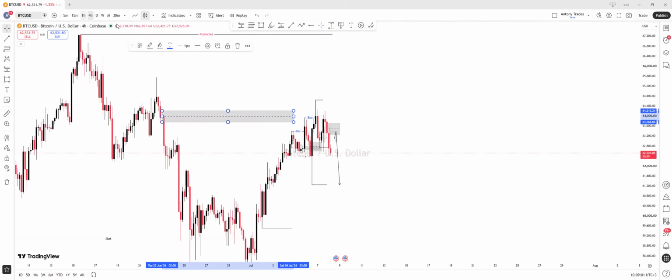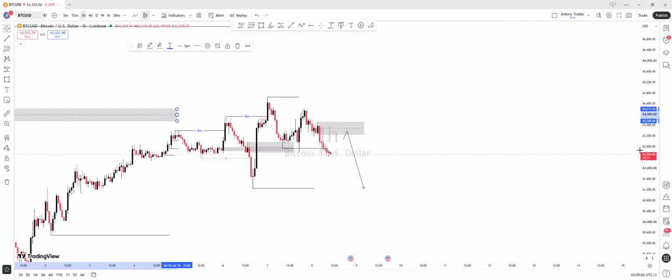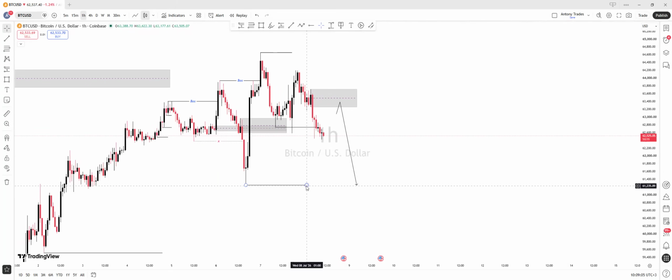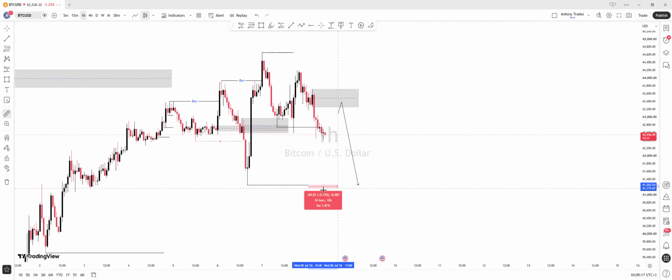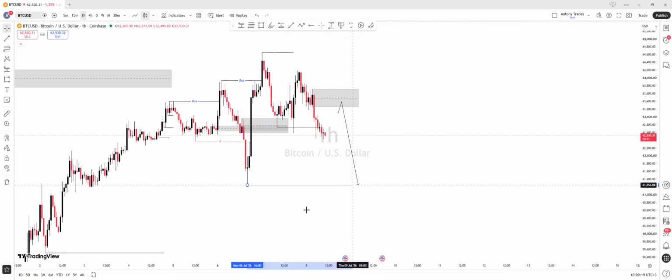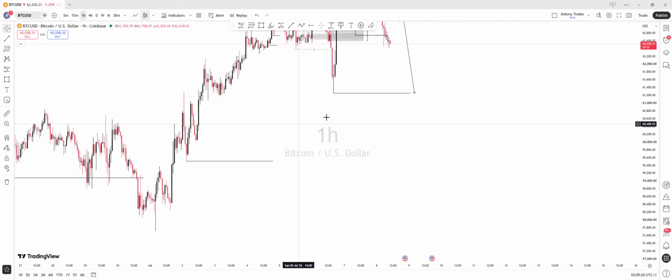So if I have to look for an entry confirmation now, I have to pay attention to this low. If the market breaks this low, because this is my strong low, since it swept all this internal liquidity, all these structures were swept by this low before breaking this high. If this market takes out this low, then that is our confirmation that this market is willing to go down.